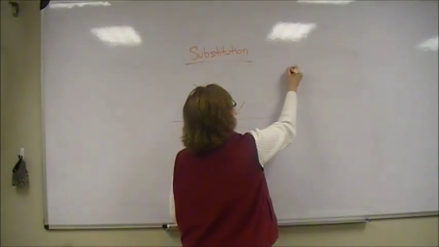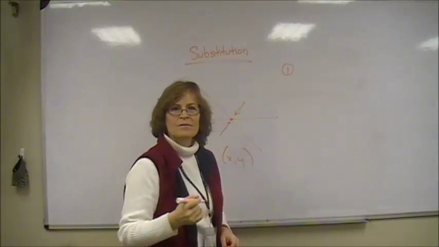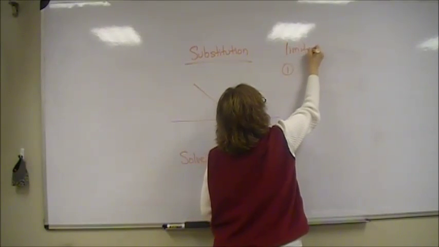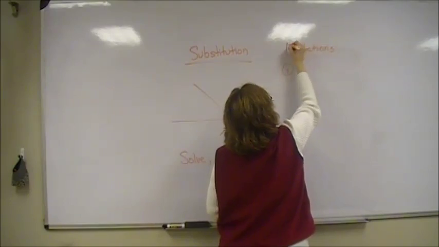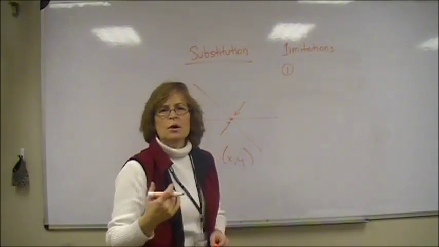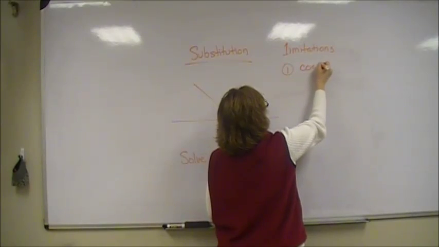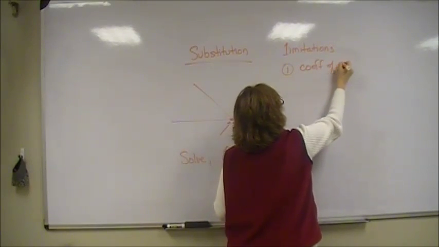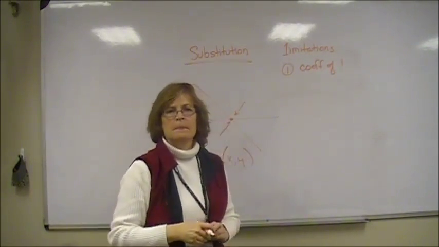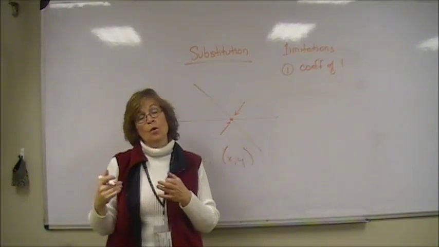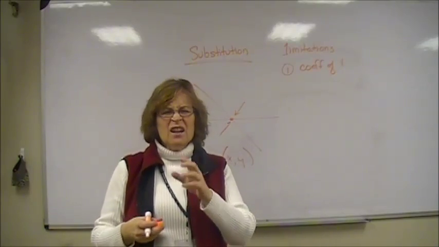So we're going to take a system of equations and solve for that ordered pair using substitution. The first thing we must do is talk about the limitations. You always want to do substitution when the variable has a coefficient of 1. If it doesn't have a coefficient of 1 or negative 1, it gets a little ugly in there.